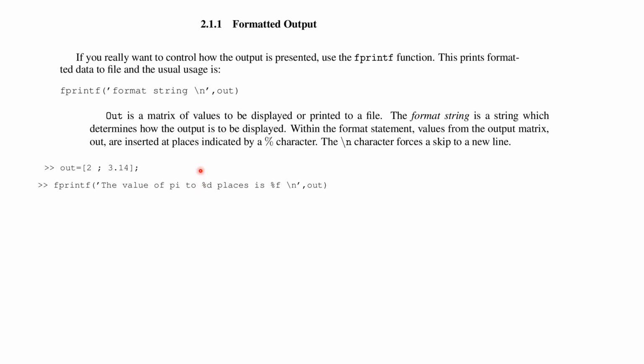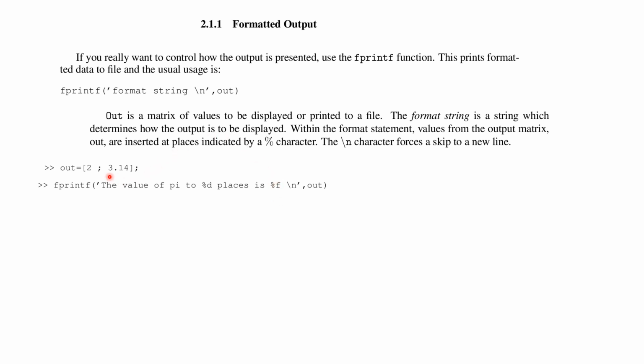The first entry in this matrix here, out. So the value of pi2, that many places, and it's that will appear. This is that there is floating point number. So with no specifications, we can adjust this. So this is the second thing that it's going to print. That's the second placeholder.